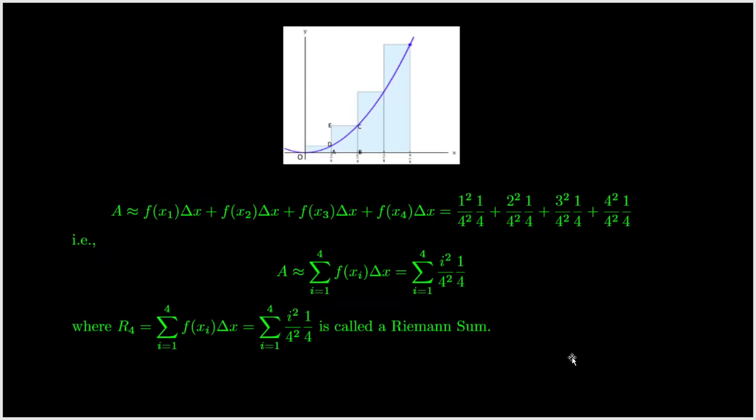But the key idea is we're going to approximate A, the area of the curved triangle, using the sum of the areas of 4 rectangles in this particular case. Can I move on? I did this one in great detail, but we're going to generalize this.